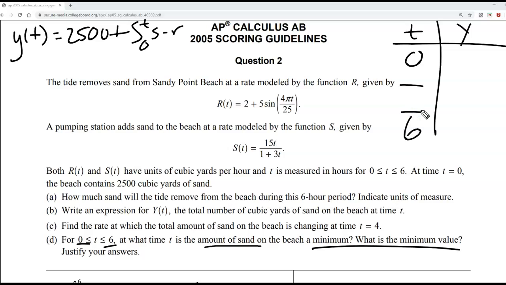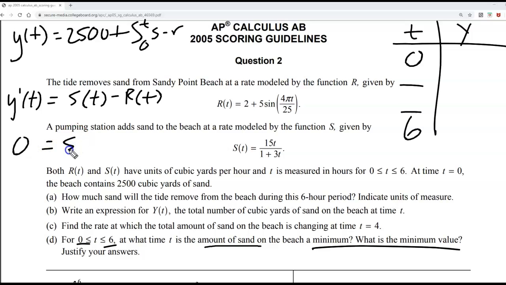How do you find critical values? Well, you find y prime of t, which we already did in one of the other problems anyway, and we found it was this. And you set it equal to 0. Now, if I set this equal to 0, then that means I can add r of t on both sides, and I can just say s of t equals r of t.